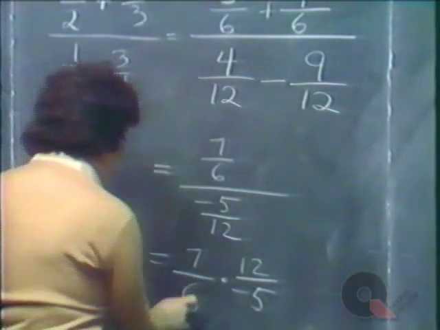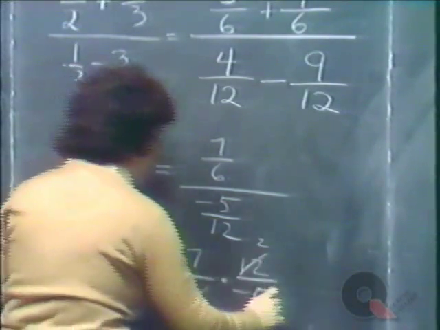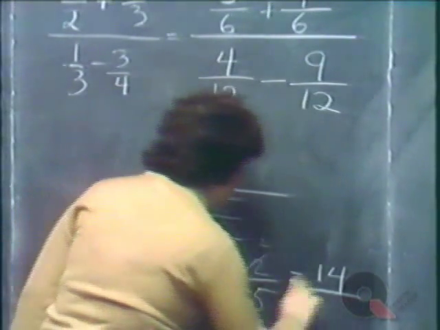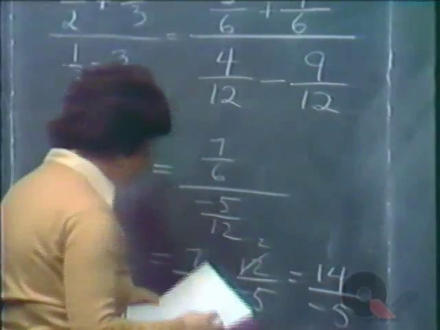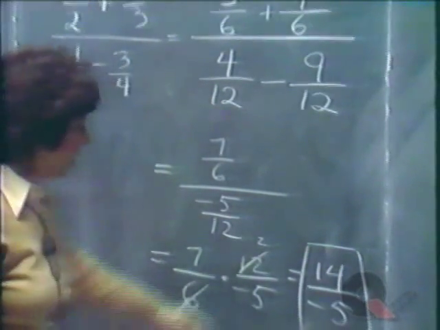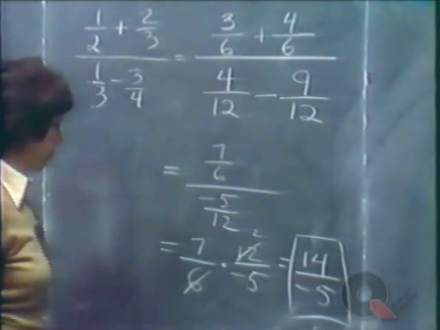Now, 6 goes into 12 2 times. 7 times 2 gives us 14. 1 times minus 5, for a final answer of minus 14/5, or 14 over minus 5, however you want to write it. It can be either minus 14 over 5, or 14 over minus 5.